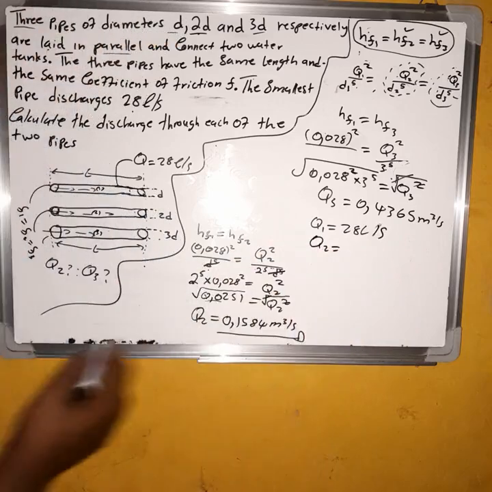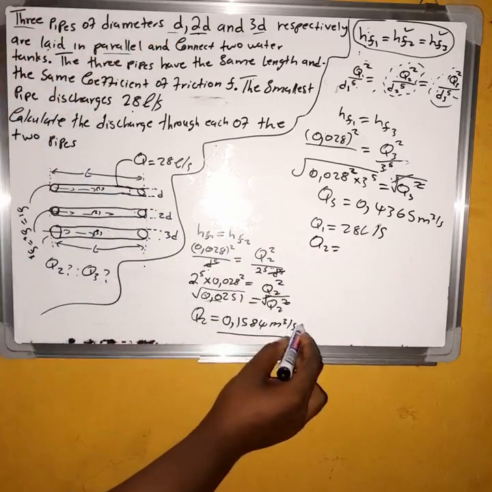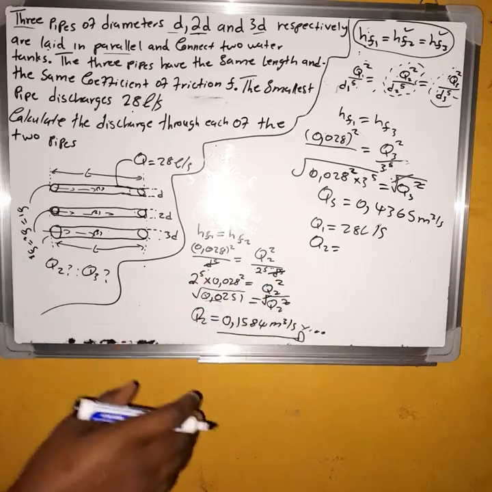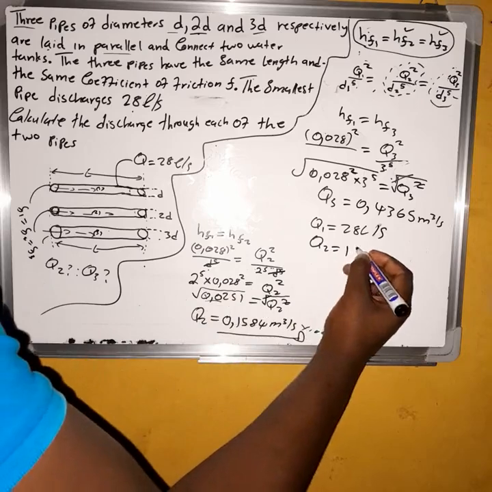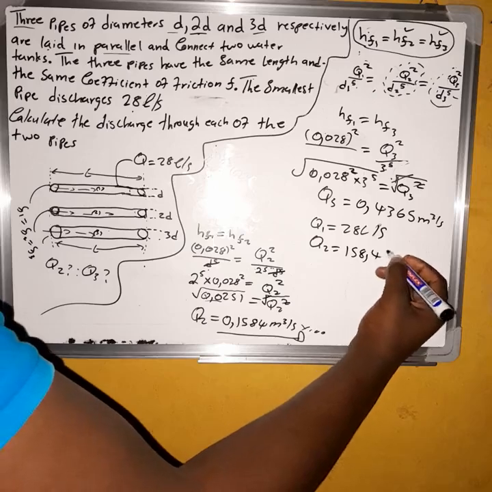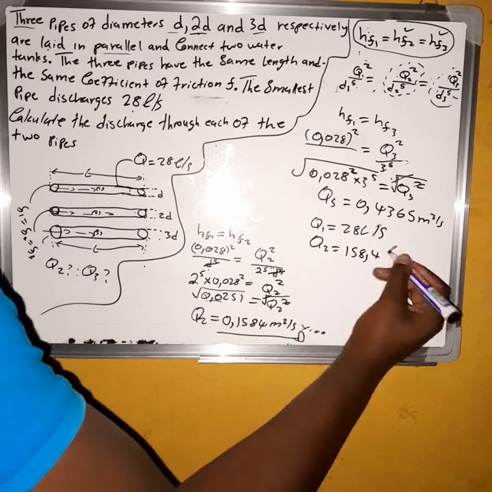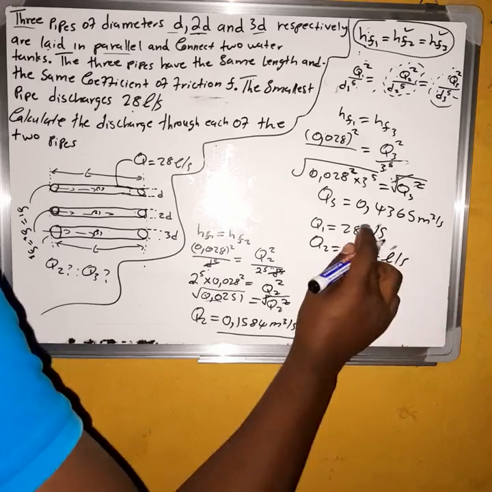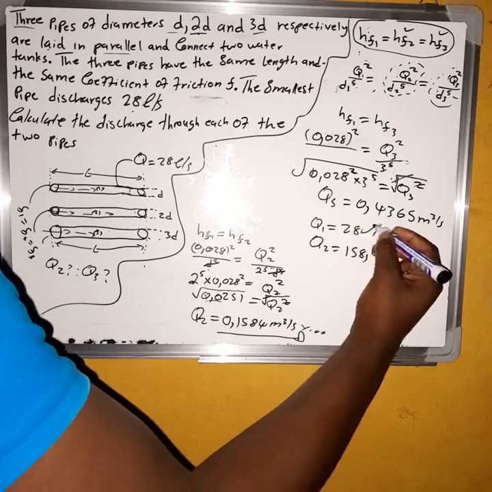Q2 is this; when you multiply by 1000, you'll have 158.4 liters per second.